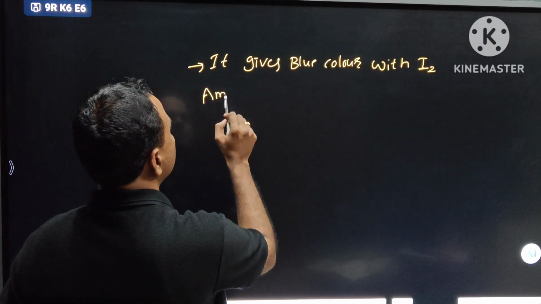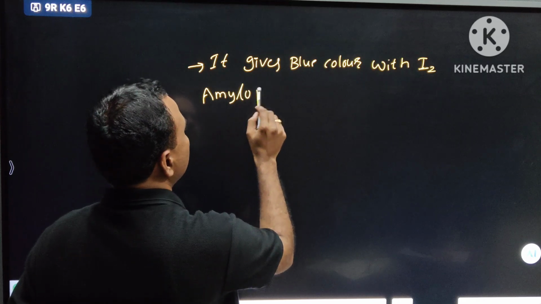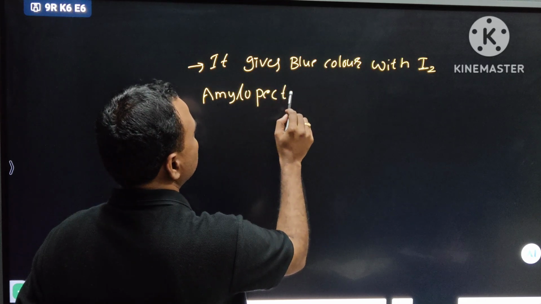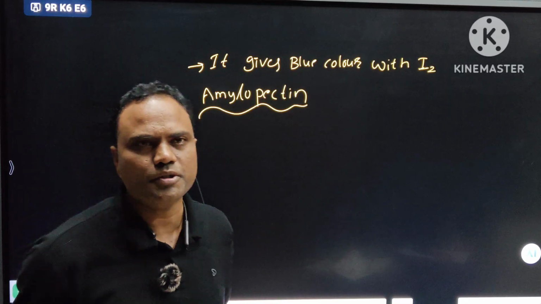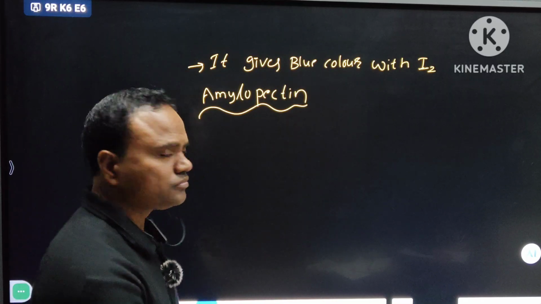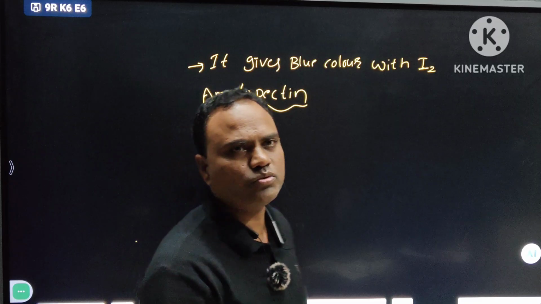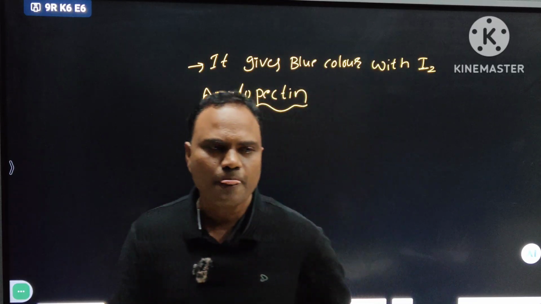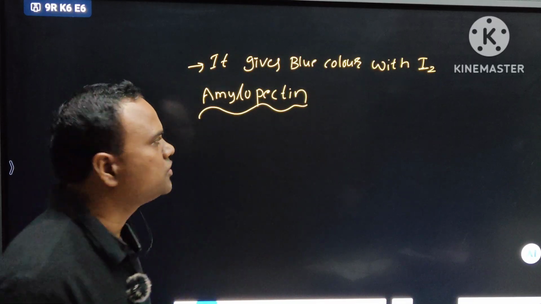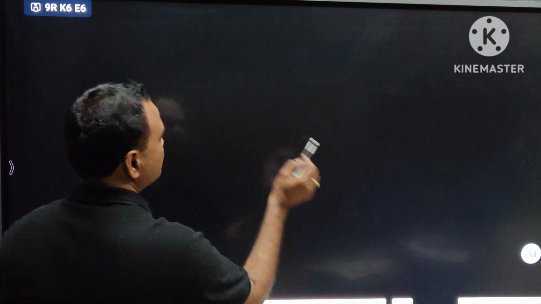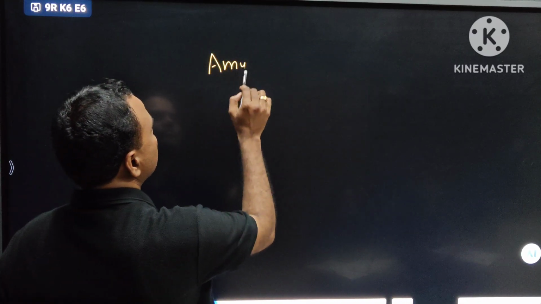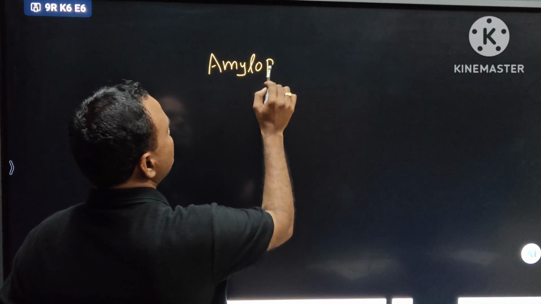Next, amylopectin. It is composed of two polymers, right? Starch: amylose and amylopectin. So the second heading is amylopectin. Take one fresh page.